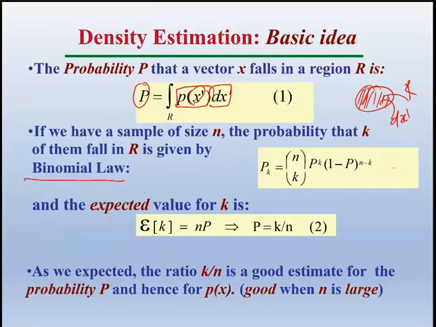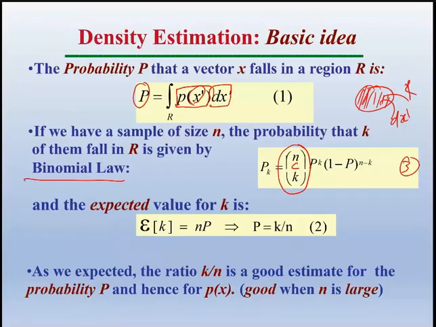I can call this equation 3. So this is P_k equal to nCk into probability p to the power k, into (1 minus p) to the power n minus k.